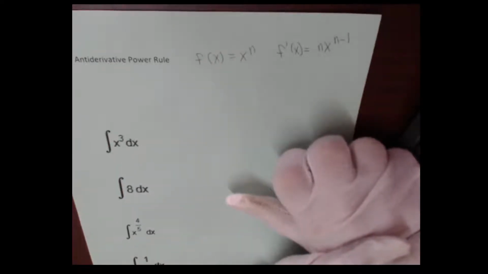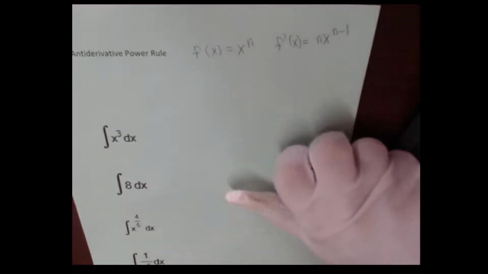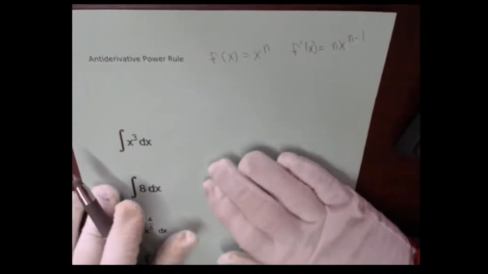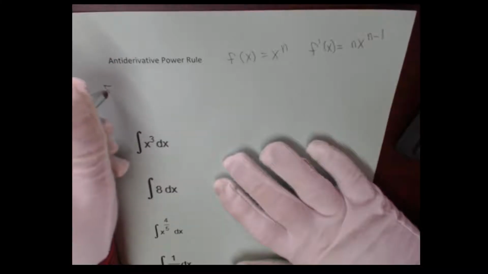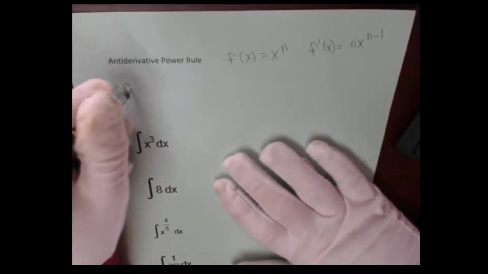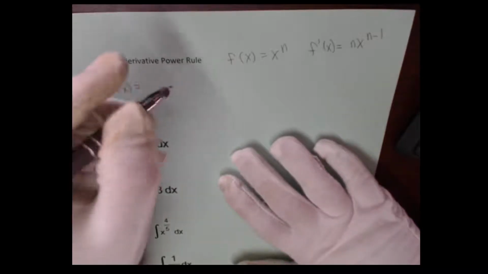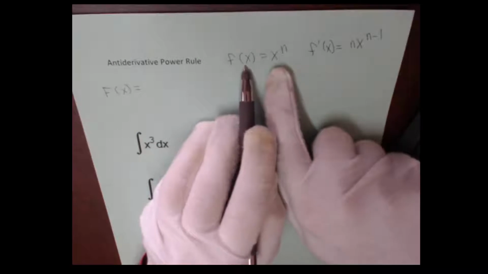One thing that's helpful about integrals is that since they're essentially the reverse of derivatives, we can have rules that are kind of the mirror image of these rules. So here's the antiderivative rule. Assume we have f of x equals x to the n.